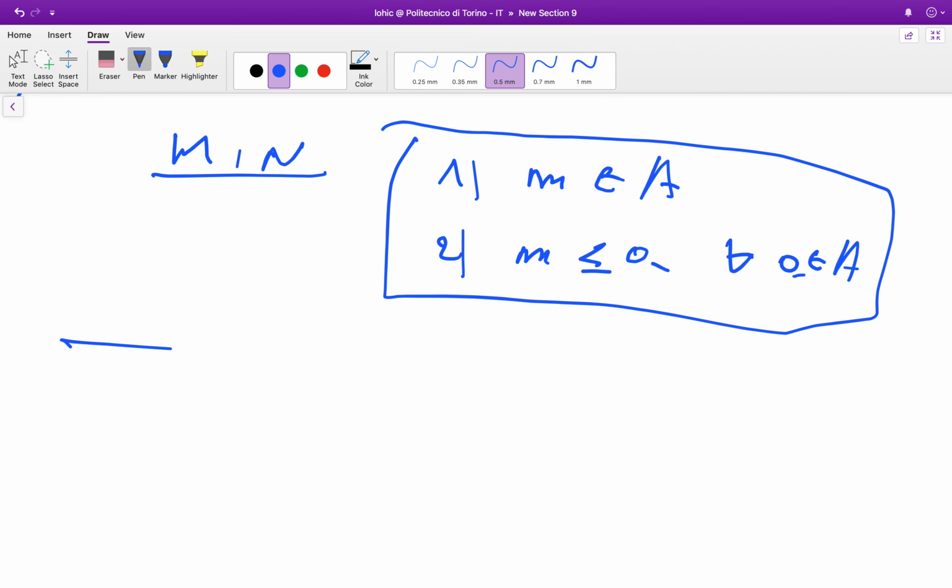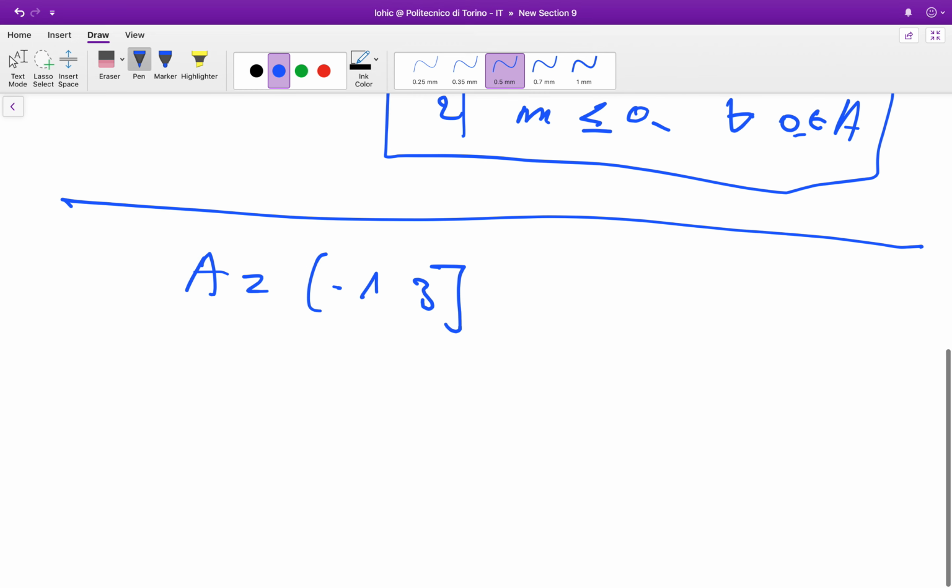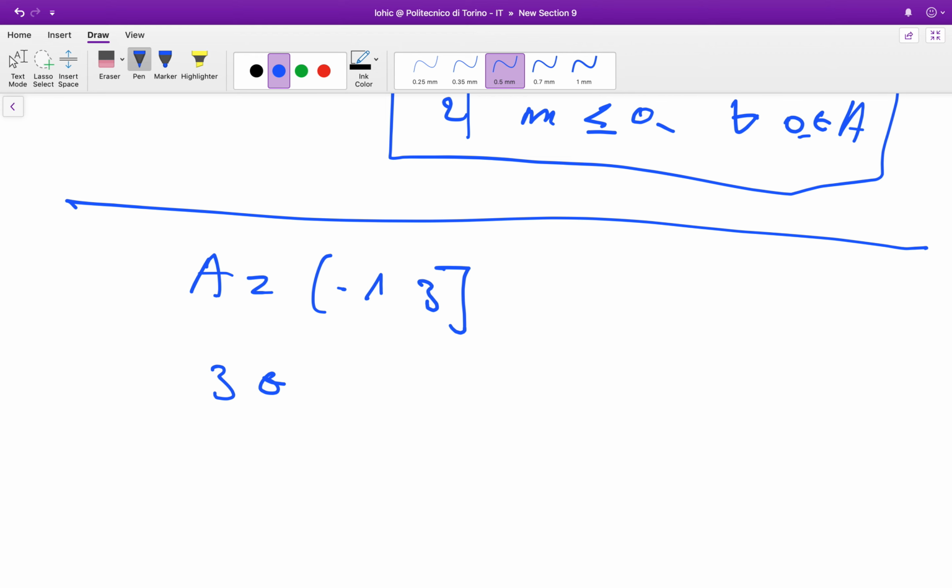Nice. But what are the supremum and infimum of a set? Look, for example, if I give you the set A equal to the interval from minus 1 to 3. You see that 3 belongs to A, right? First condition. And 3 is greater or equal than any other element, yes or not?